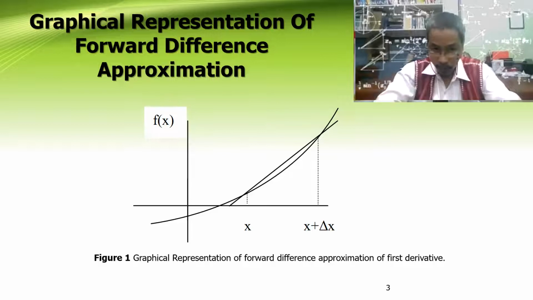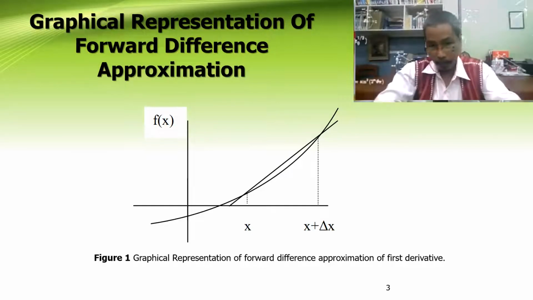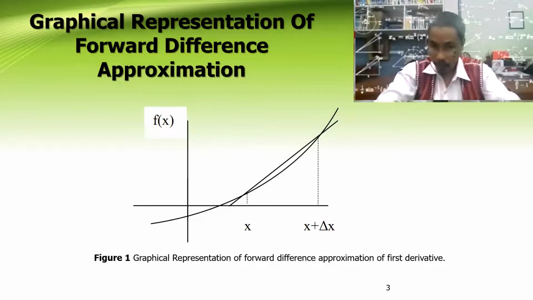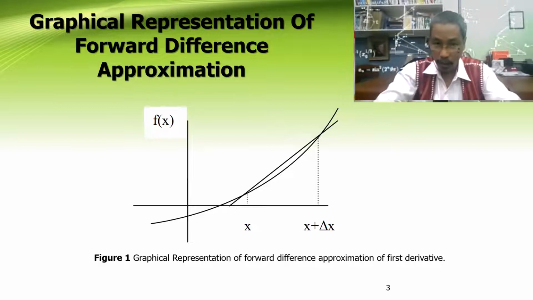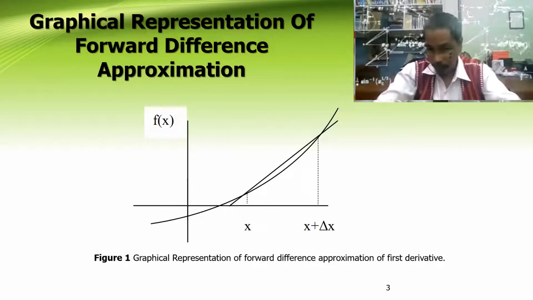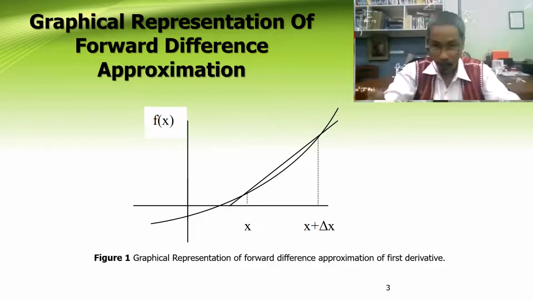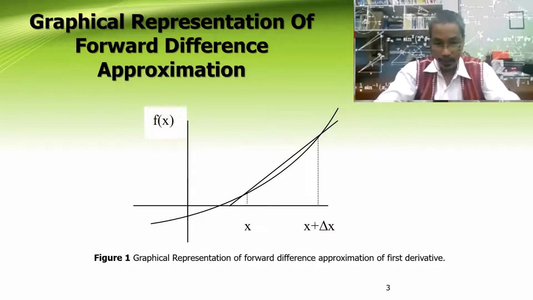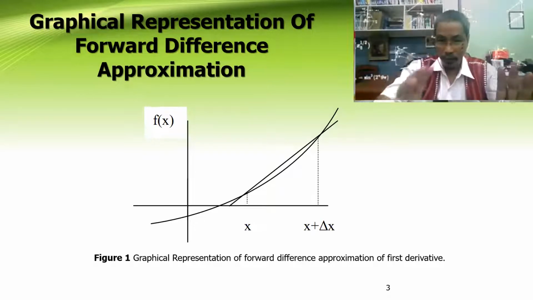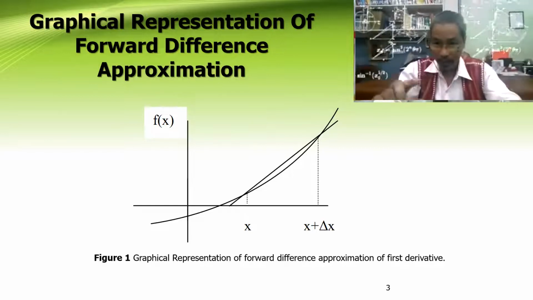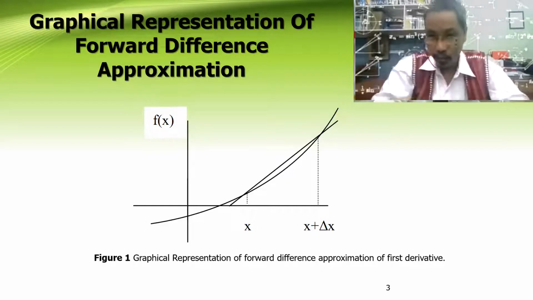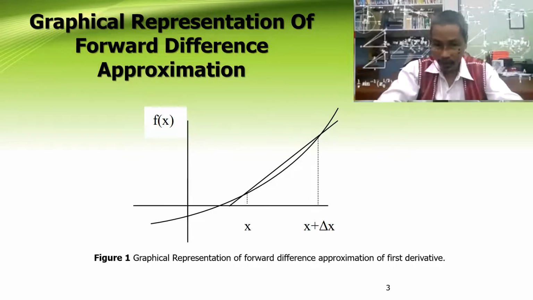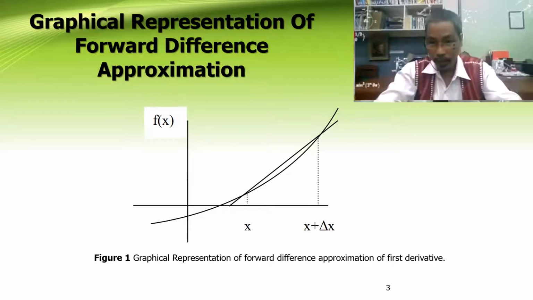We have the following details. x is necessary for us to evaluate f(x), and x plus delta x is necessary for us to evaluate f(x plus delta x). So there are two values that we need to evaluate, f(x) and f(x plus delta x), as you can recall from the previous page.